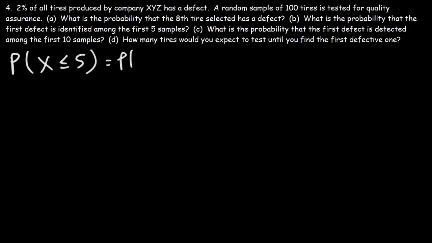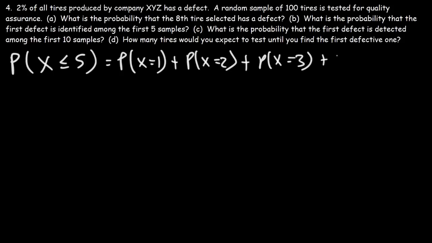So this is going to equal the probability where X is 1 plus when X is 2, all the way to when X is equal to 5. So we need to add up the individual probabilities to get this answer.